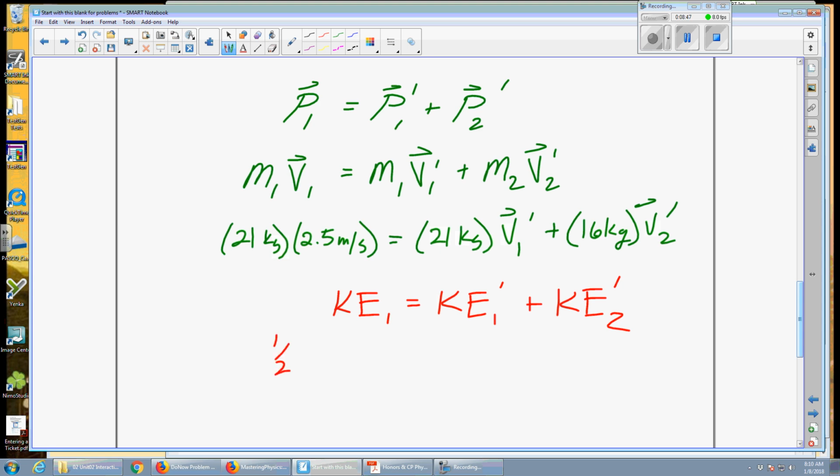So 1/2 inertia of 1, speed of 1 squared, equals 1/2 inertia of 1, speed after, I'm going to put parentheses around that, squared, plus 1/2 inertia of 2, speed of 2 after, squared.